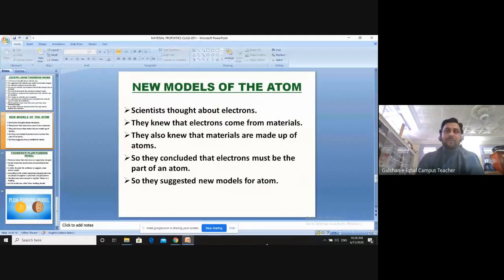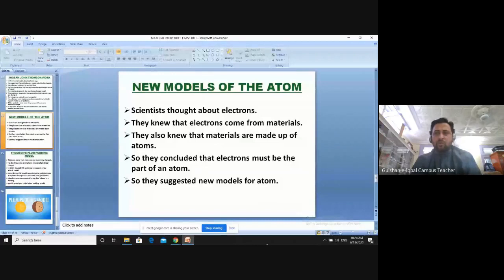Now, after this, the scientists thought about these electrons which were discovered by J.J. Thomson. They knew that electrons come from materials. How do they come from material? Because they're coming from cathode rays. They also knew that materials are made up of atoms. Each and every material in the universe is made up of atoms.